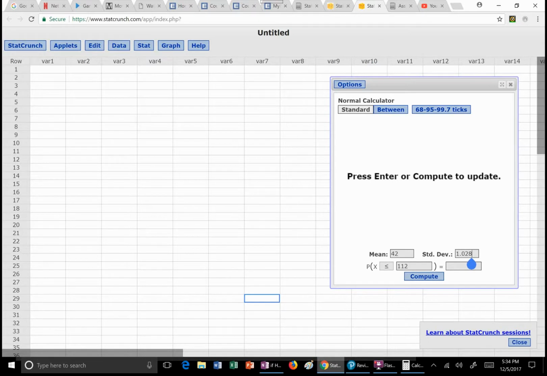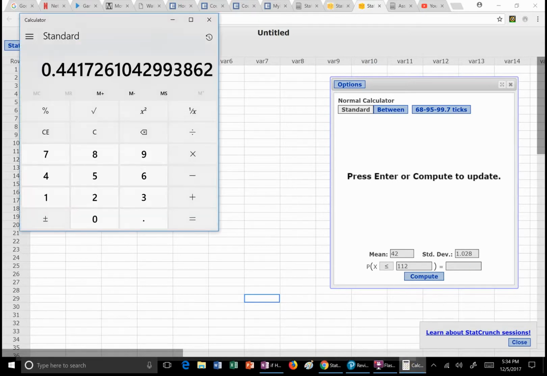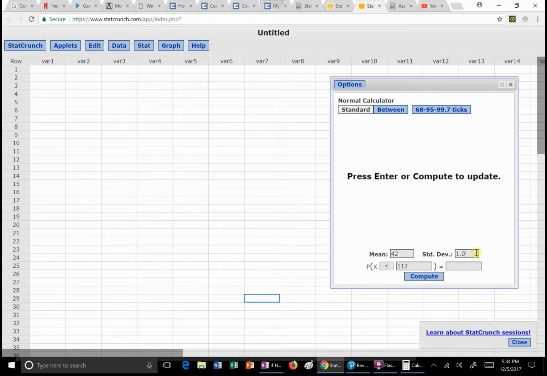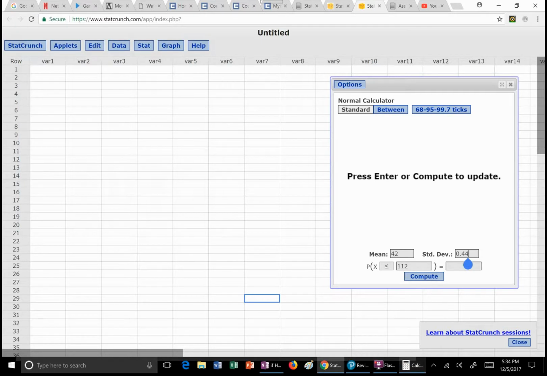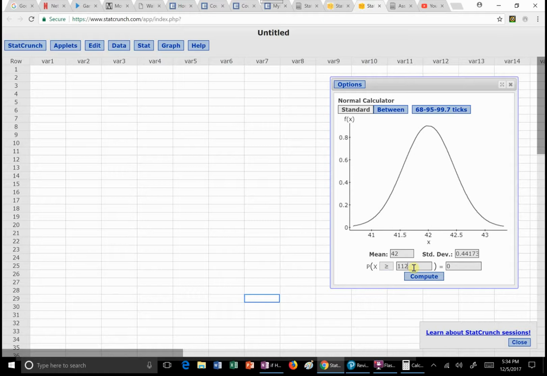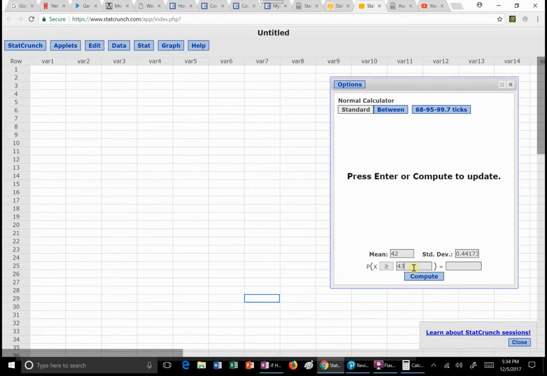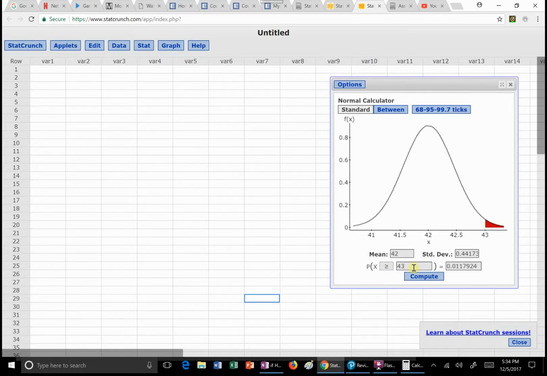My standard deviation ends up being 0.173, and I want the probability that I'm greater than 43, but I'm going to have to multiply that by 2. Okay. So the p-value is going to be twice that, right? So it's going to be roughly 0.0236. That's going to be our p-value. It's going to be twice that.